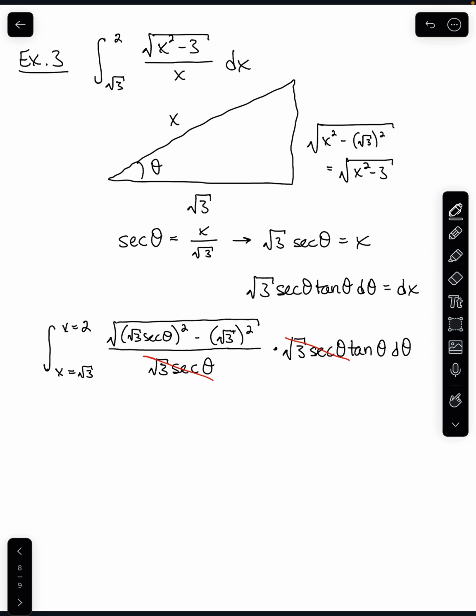Before we go any further, we can use the relationship the square root of 3 times secant theta equals x, or perhaps better yet, secant theta equals x over square root of 3, to convert our limits of integration.